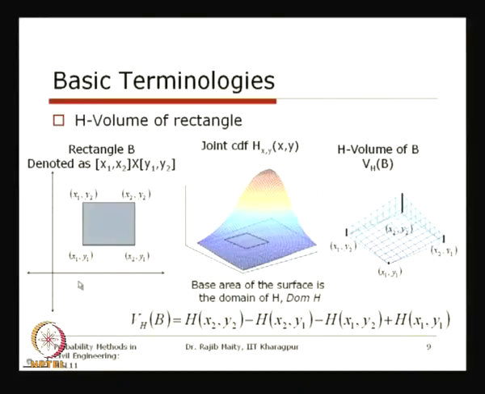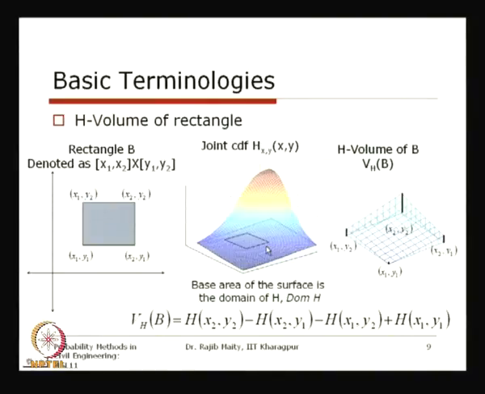This is the plane of the two random variables, suppose this side is x and this side is y. The same rectangle is again represented here on that plane, with this side x and this side y, and this is the rectangle that you can see here.